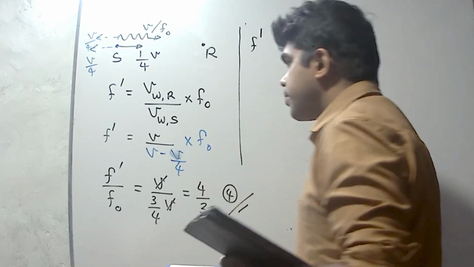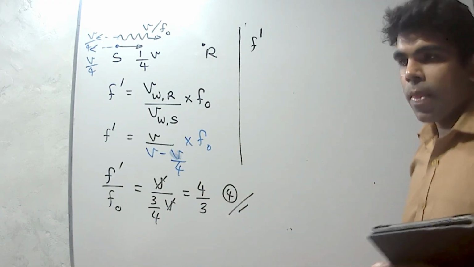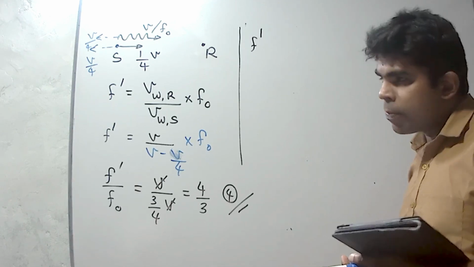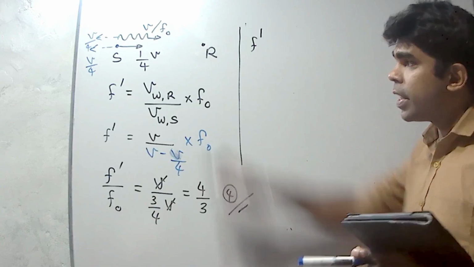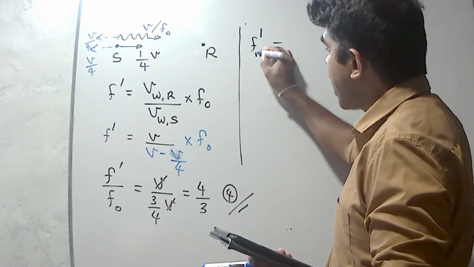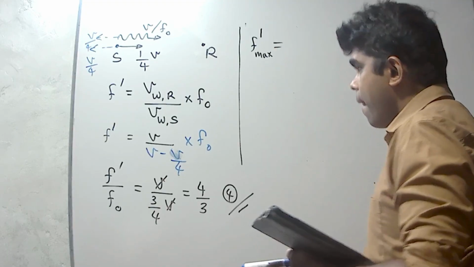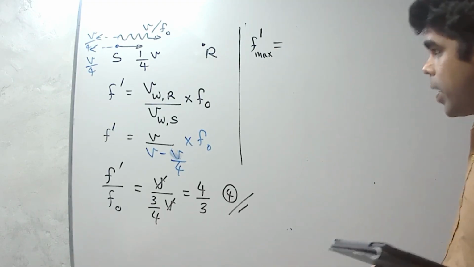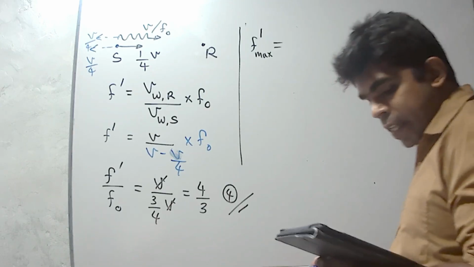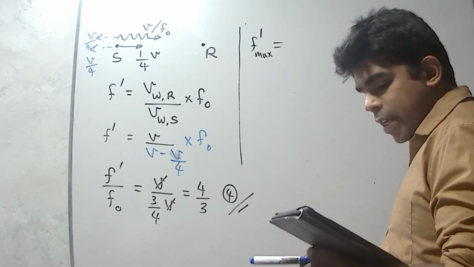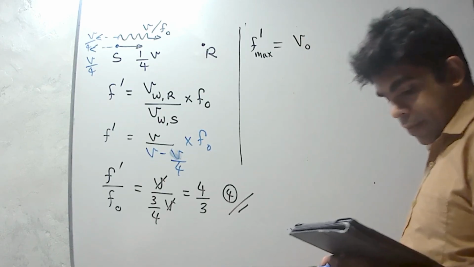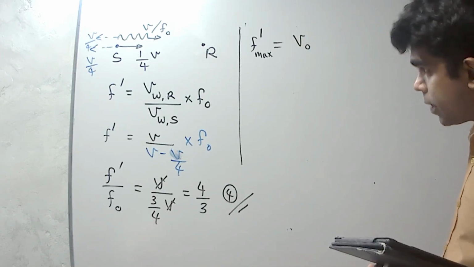F dash. We can see the maximum apparent frequency when the source is moving towards the receiver. It is like this. We can get F dash maximum. The velocity of wave relative to the receiver: the receiver is at rest, therefore we can see the velocity of wave without any change, V0.